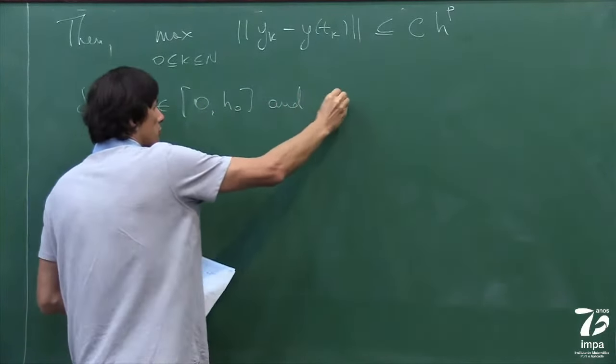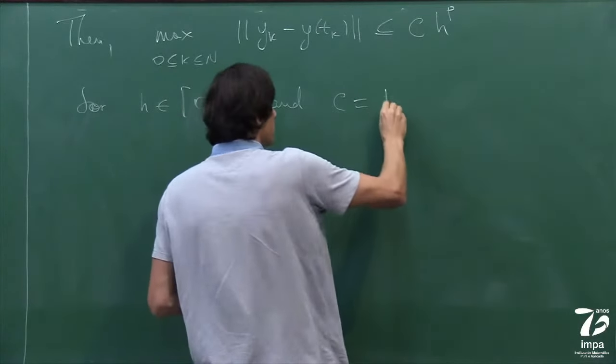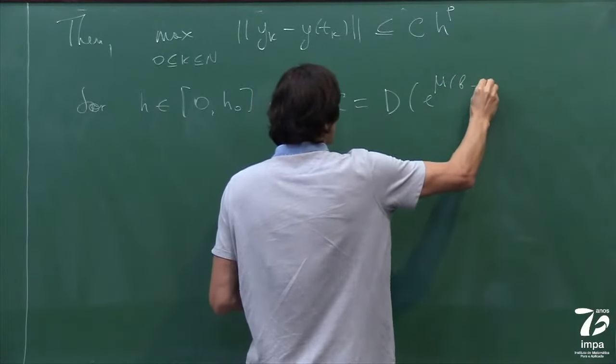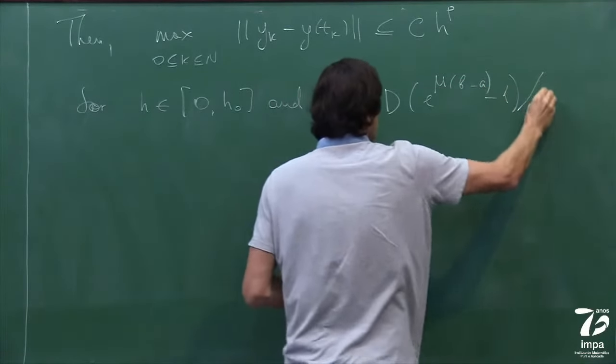And the constant we can write explicitly. So it's d times (exp(M(b minus a)) minus 1) over M.